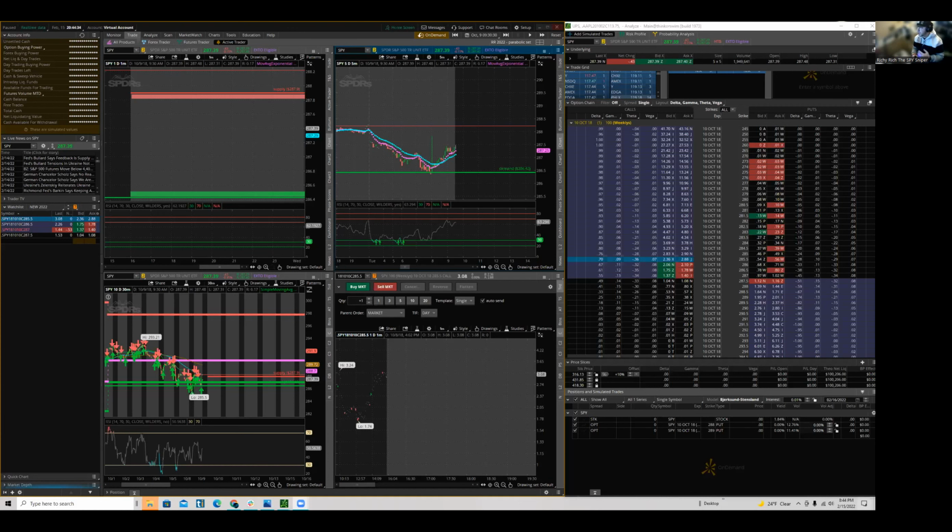It's because I was doing all the wrong things. Averaging down is no bueno. There's a difference between scaling in, scaling out of a position, and then there's another thing called averaging down. No averaging down.